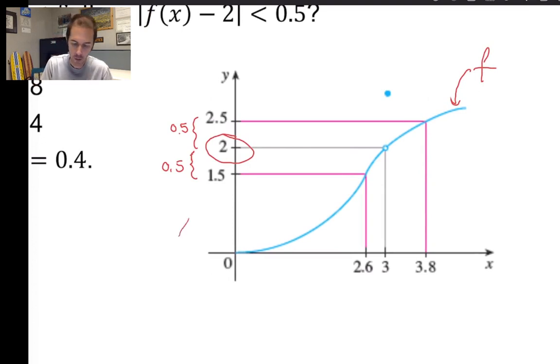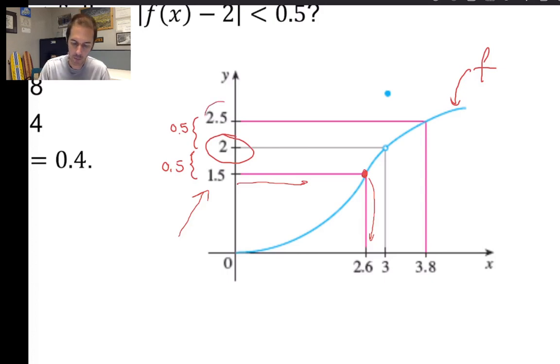If we take the lower of the two available, sort of the lower bound for our y values, which is 1.5, and we draw this horizontal line over to our curve, we hit the curve at this point. That point has a y value of 1.5, and very nice, this graph shows us that its corresponding x value is 2.6.